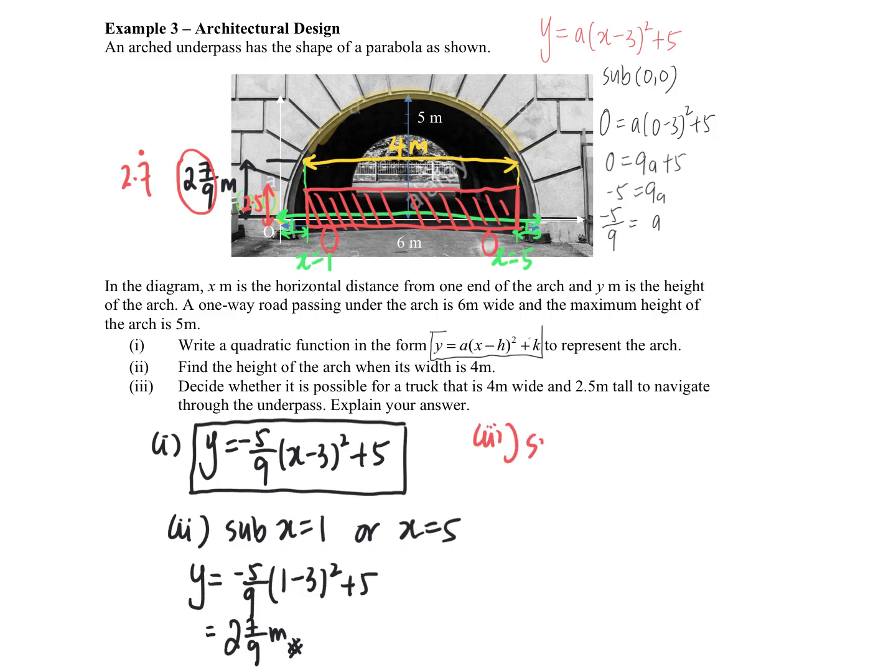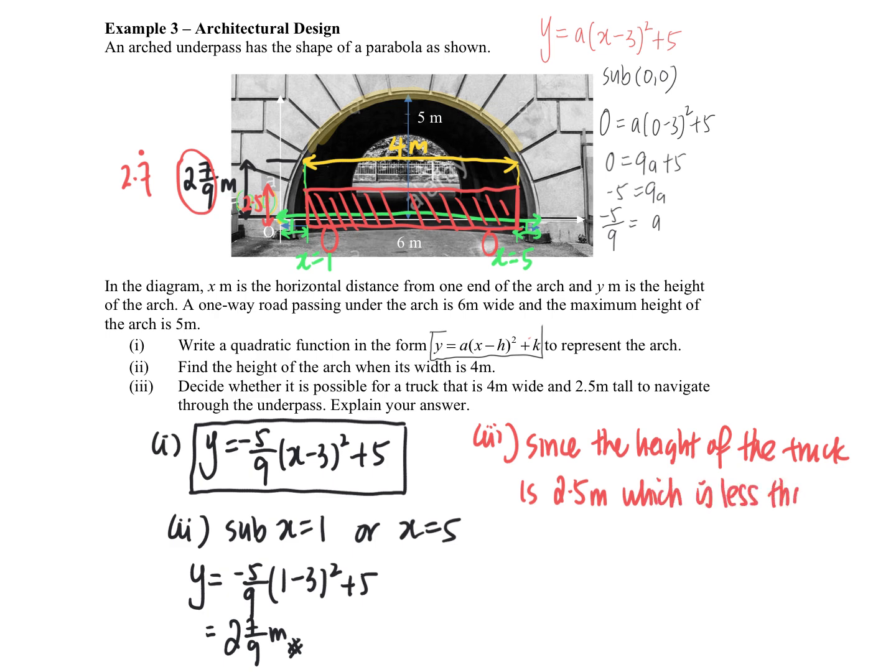So, you will tell me since the height of the truck is 2.5 meters, which is less than the height of the arch. Okay? Therefore, it can navigate through the underpass.